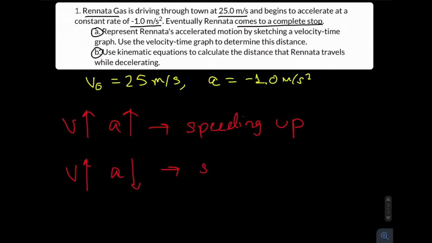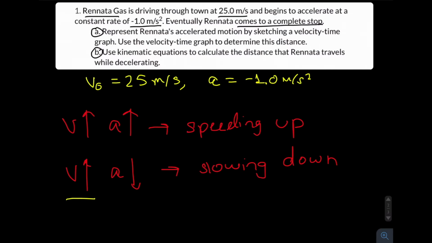that means you're slowing down, because our acceleration is the rate of change in velocity over time. Or we can think about it as our velocity being how fast or how much we're going in a certain direction over a certain period of time. So that's like our speed. If you're accelerating in the opposite direction of your velocity, you have to be slowing down.